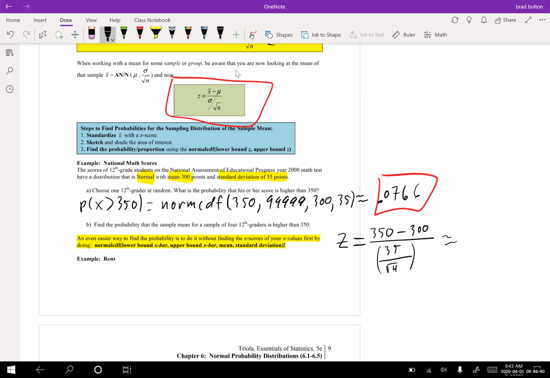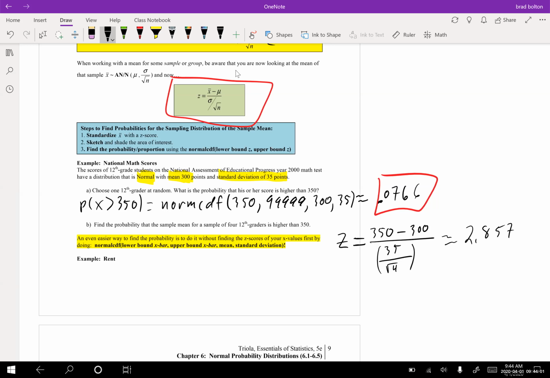So let's see what we get this time. So 350 minus 300 would be 50, divided by 35 divided by 2. 2.857.